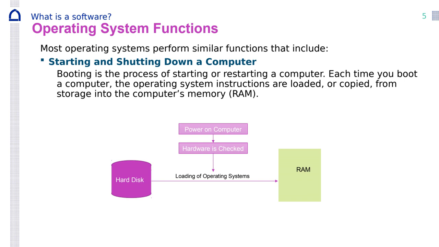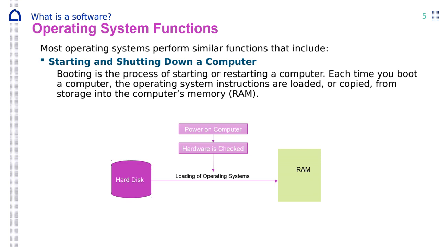So what are the functions of the operating system? You need to know these functions and explain each one of them. First one is starting and shutting down a computer. So it is responsible for booting up the computer. Booting is the process of starting or restarting your computer.